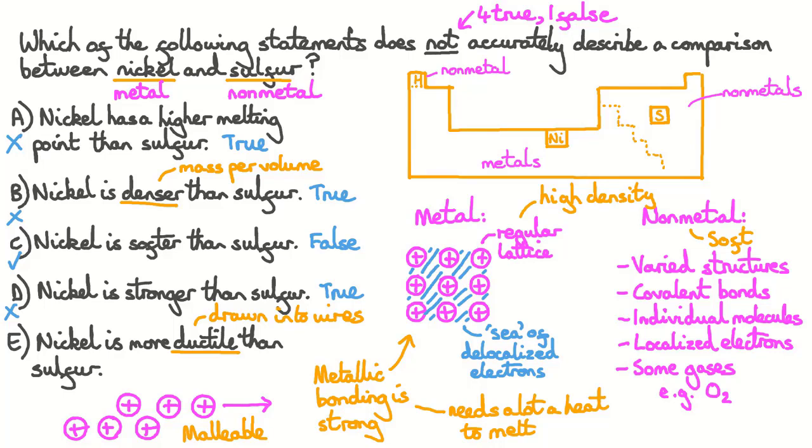So the statement that nickel, a metal, is more ductile than sulfur, a nonmetal, is true. Nonmetals are not ductile. They are, in fact, brittle, which means that if you try to deform them, they break. So the only false answer, and therefore the correct answer to our question, is C. Nickel is softer than sulfur.